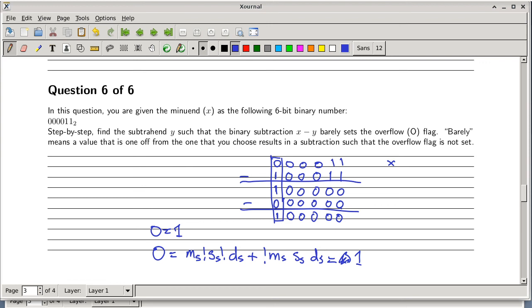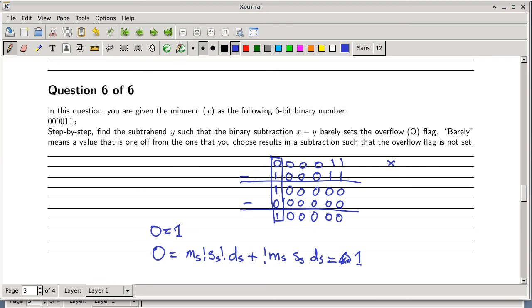One is the overflow flag, which is computed exactly this way. And then the other one is the L flag, which is the exclusive OR between the sign flag and the overflow flag. So you have to have those definitions, not memorized, but understood. There's a big difference between those two.